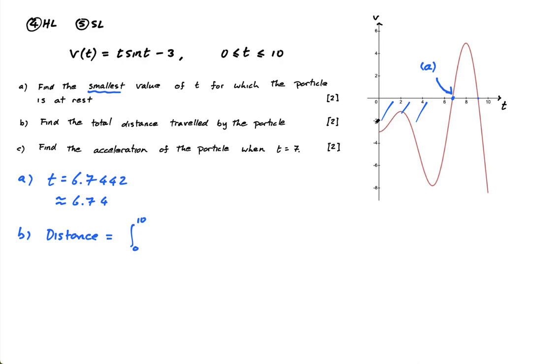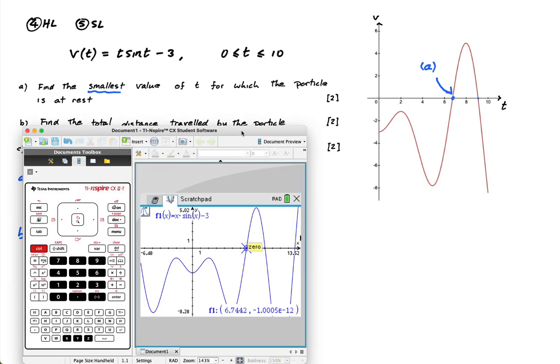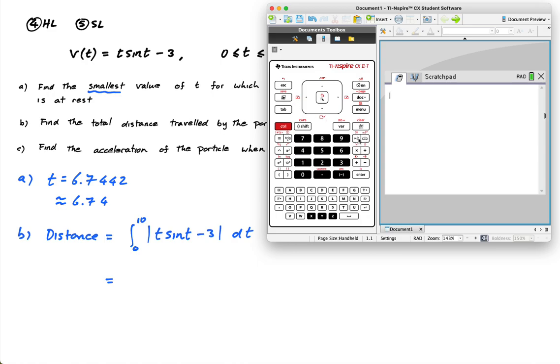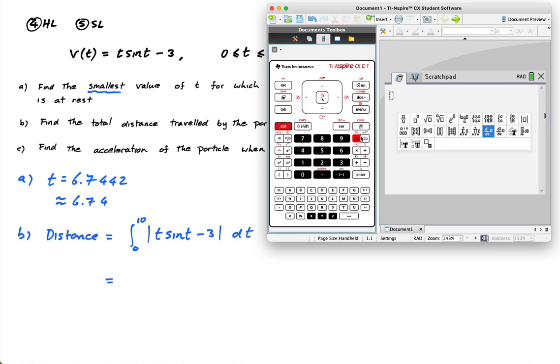But there's a much easier way to do it. You can just put in the absolute value sign. So it's just the integral of the absolute value of t sine t minus 3 dt. That's in the formula booklet. It's the integral of mod, or the absolute value of v of t. And this I can just put straight into my calculator. So I'm going to do the integral, you can find the integral, guys, here, and you can also find the mod here. It's there.